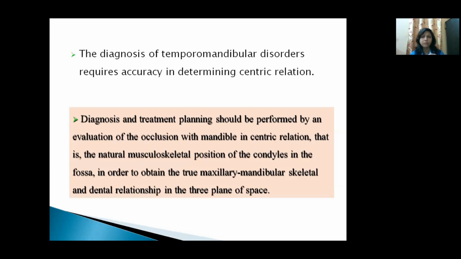So this is the important aspect. Diagnosis and treatment planning should be performed by an evaluation of the occlusion with the mandible in centric relation itself, that is the natural musculoskeletal position of the condyle in the fossa, in order to obtain the true maxillomandibular skeletal and dental relationship in the three planes of space. This is the mandatory aspect for diagnosis and treatment planning.